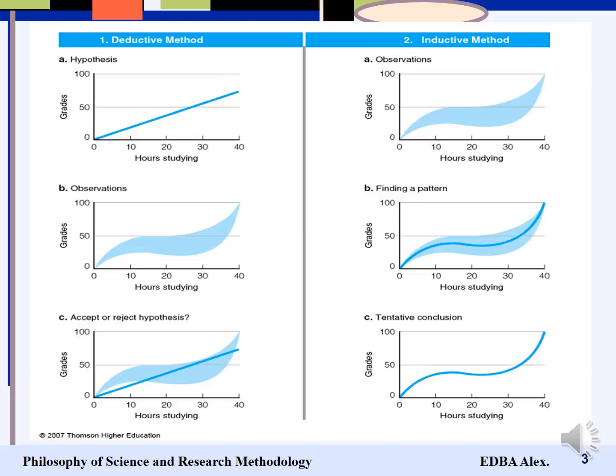Others may say, yes, there is a positive relationship between hours studying and grades, but I have another expectation, another explanation, another interpretation. I collected data, or I have observation. It doesn't mean that we systematically collect the data, but we have this kind of observation. I have many friends, I have many colleagues.